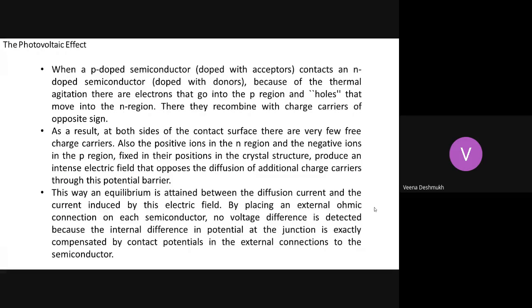So in this class, we will continue with photovoltaic sensors and what exactly is the photovoltaic effect. This photovoltaic effect we have already studied, or the basic principle we know, we have discussed this.